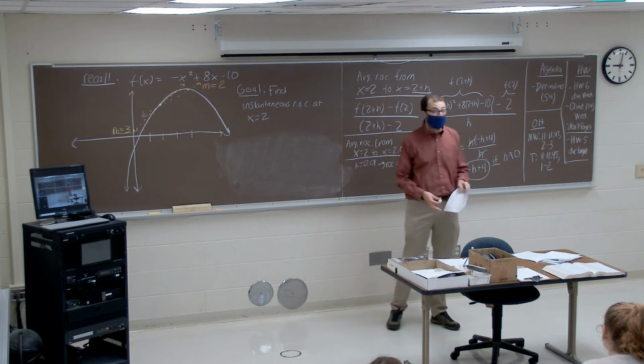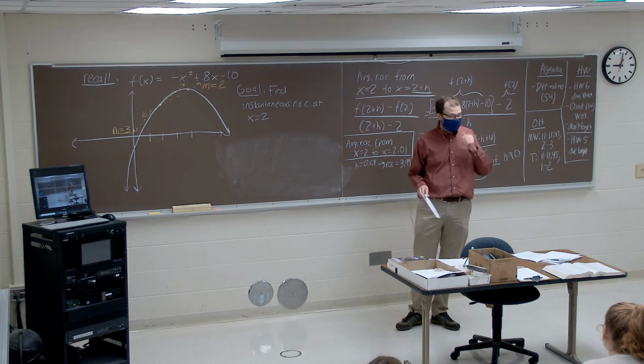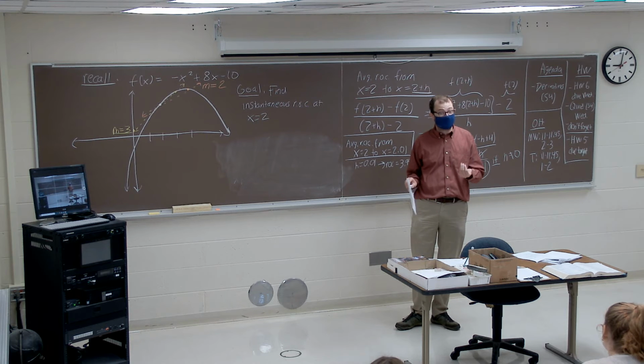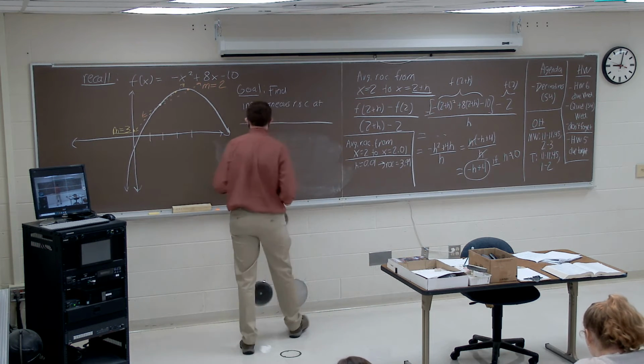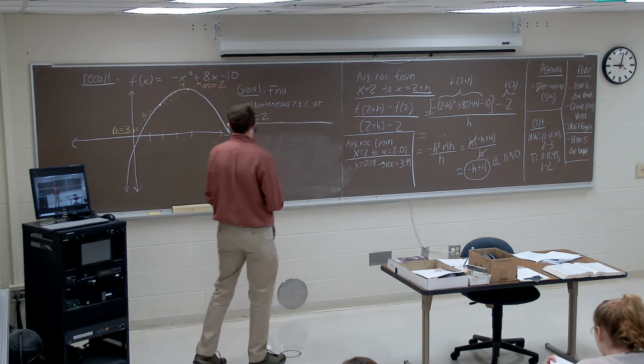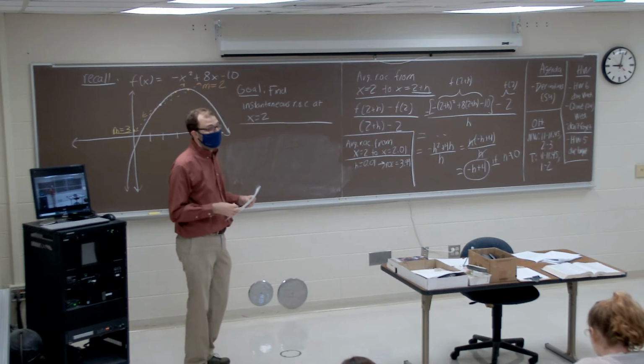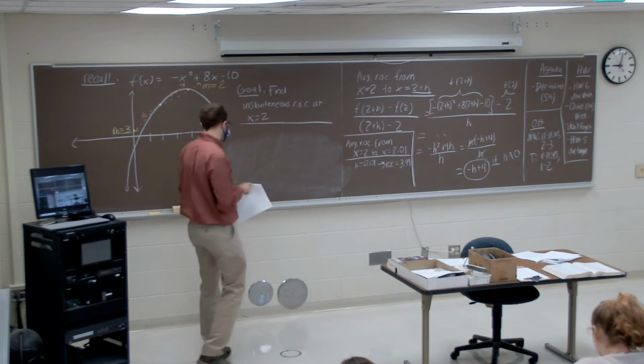But we could certainly do something else using our standard techniques. We could take a limit as h gets closer and closer to 0 and see what that gives us instead. And that's ultimately going to be how we find our instantaneous rate of change, is by taking a limit as h approaches 0.